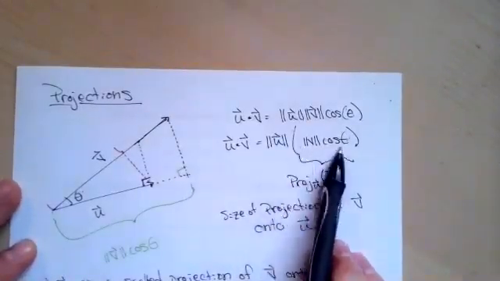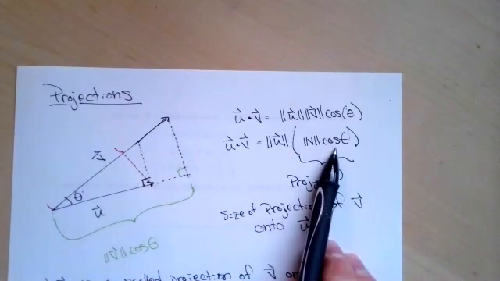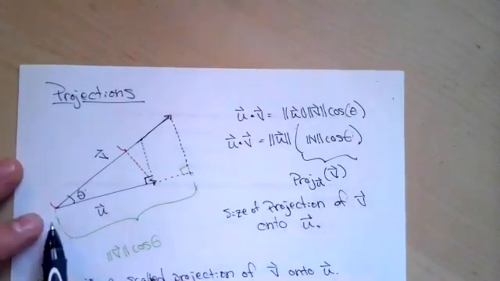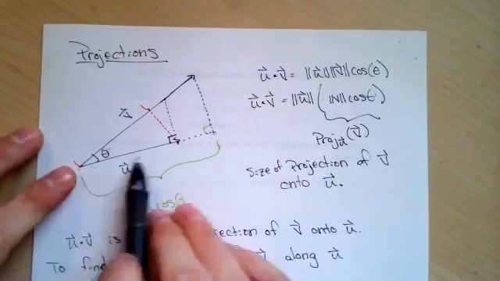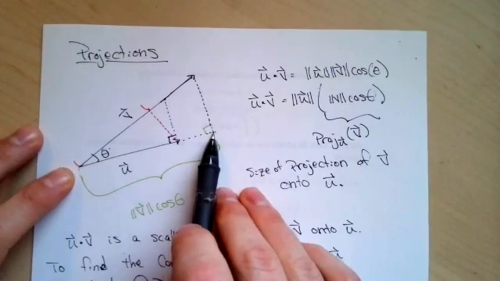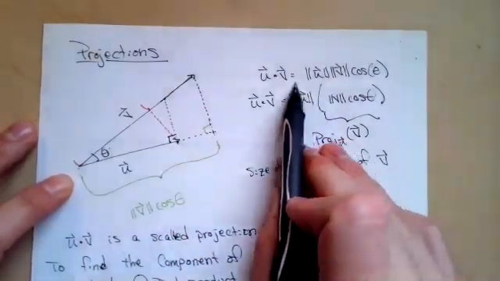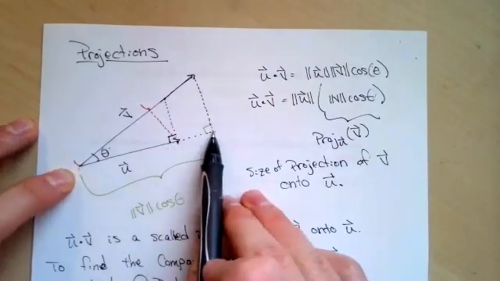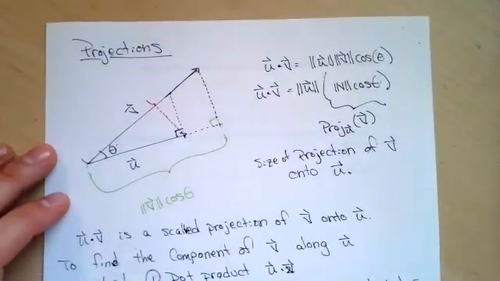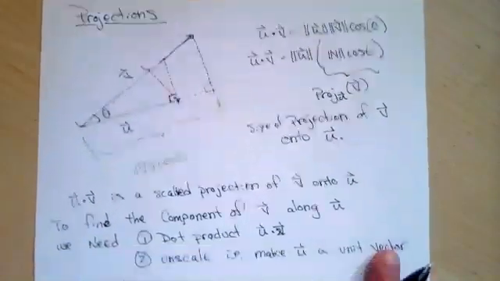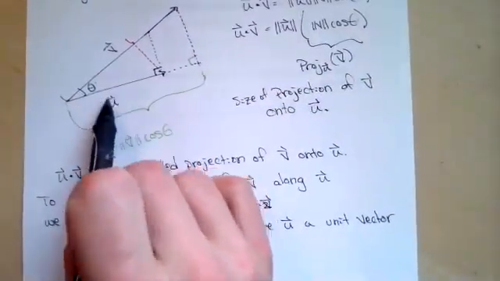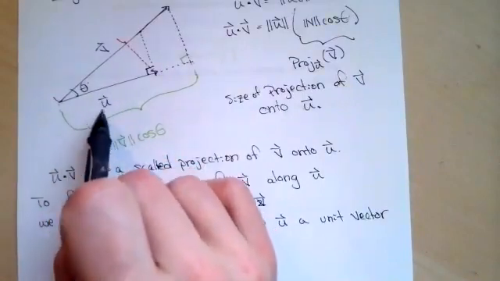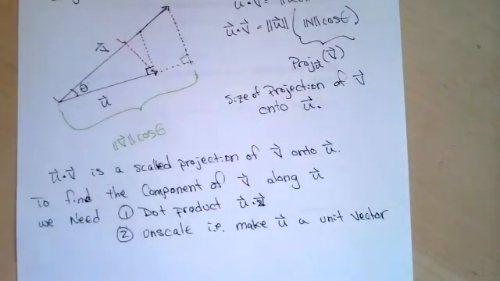Right, so we have this v, norm of v times cosine of theta gives us this length, this green length that we want to be able to find. What is this component of v in the direction of u? However, if we take this green length and then multiply it by the magnitude of u, it's going to stretch that length. So really what we want to do to find a projection is to simply rescale our vector that we want to represent this base direction.